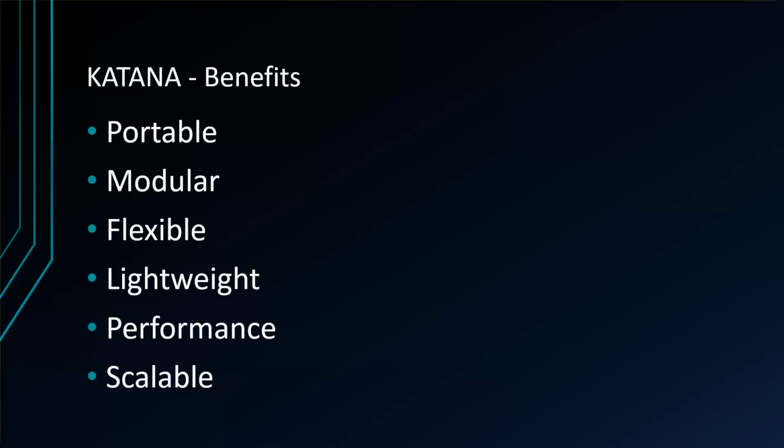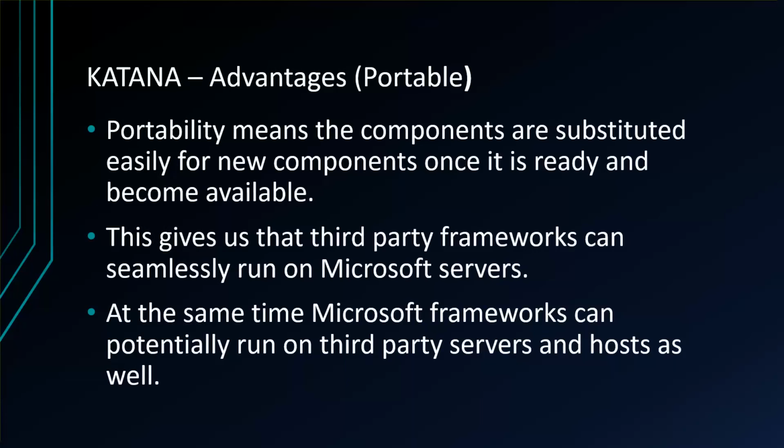So what are the main benefits? If we use Katana in our applications, what benefits will we get? They are portability, modularity, flexibility, lightweight, performance, scalability, and decoupling. The main benefit is decoupling from the web server. Portability means our components can be substituted easily with new components once they are ready and available.